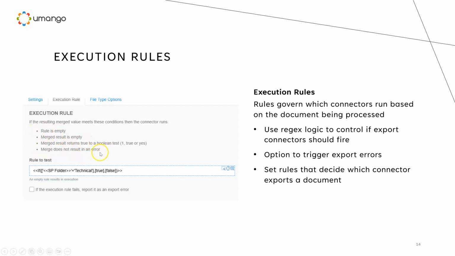And as is explained here, there's a number of criteria that need to be met in order for the connector to run. If you just leave it empty, the connector will run. The other thing too is you can have it just quietly in the background not run, or you can set it to fail with an error, an export error.